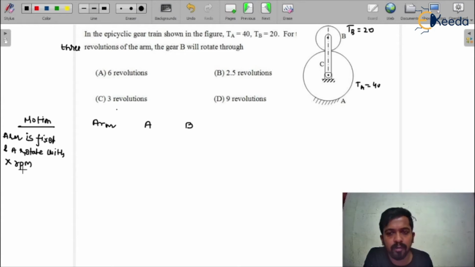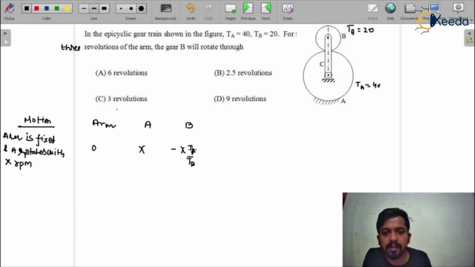I'm assuming counterclockwise as negative and clockwise as positive. So if A rotates with x rpm and the arm is fixed, that is 0, that is x, and we know that A and B are both mating gears, so it would be minus x Ta upon Tb.